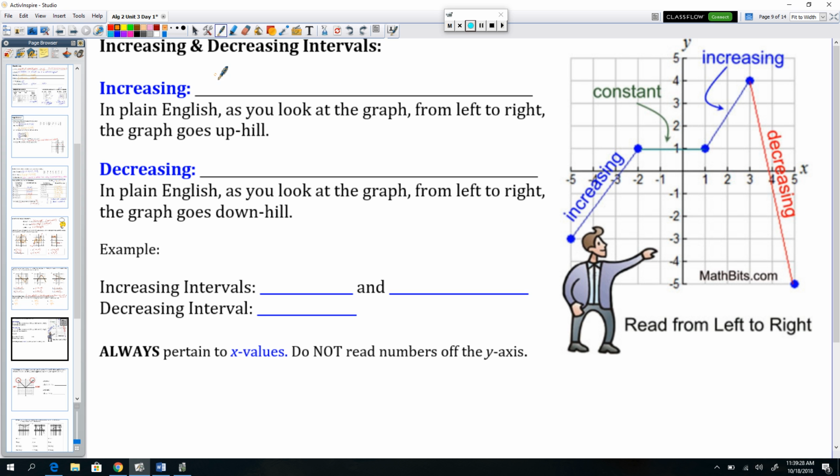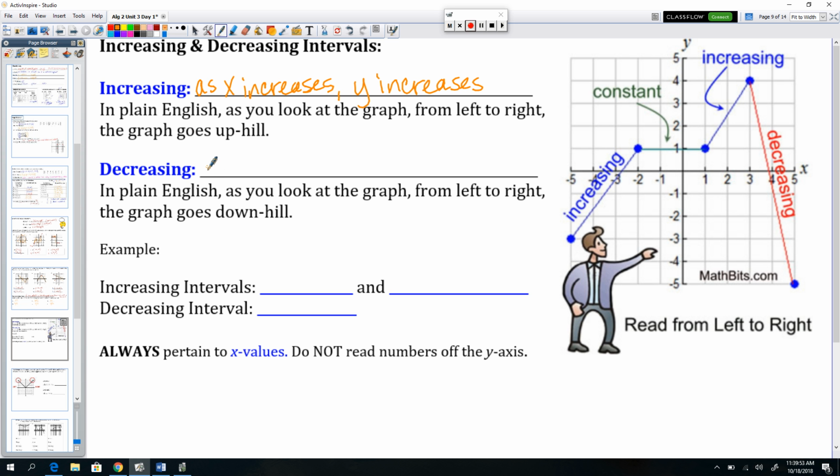Increasing, if we want to put it in math terms, is defined by saying as x increases, y also increases. Okay? So that's the mathematical definition of what you see with your eyes here. In plain English, as you look at the graph left to right, the graph goes uphill. Always read this left to right.